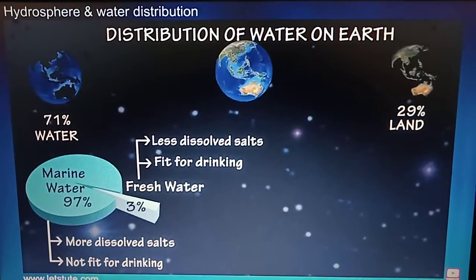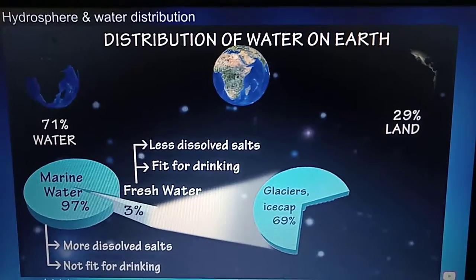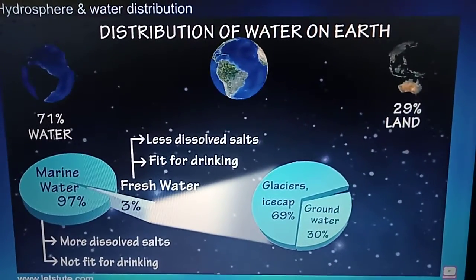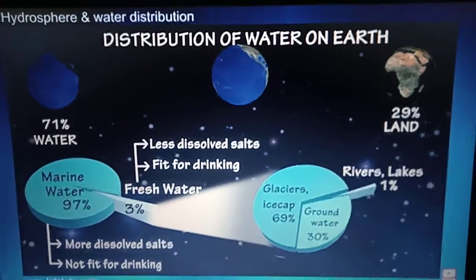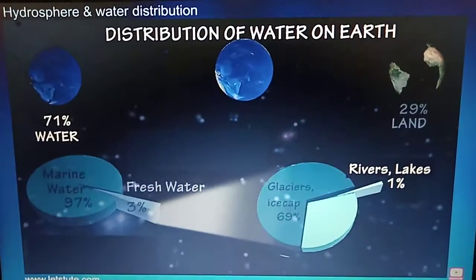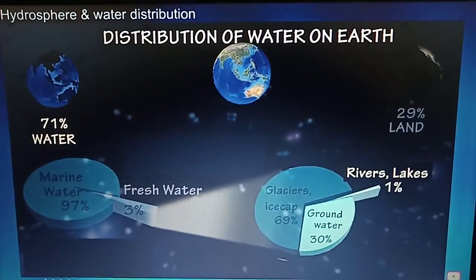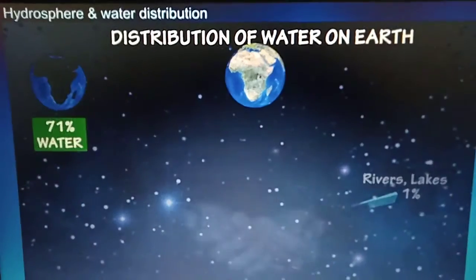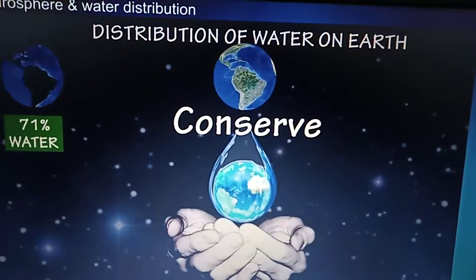And of the total fresh water, the major part is locked in glaciers and ice caps, followed by underground water, and just a small amount is located in rivers and lakes. So we can compare this small portion of water which is available for drinking with the total water available on the Earth. And this is the reason why we must put efforts into conserving water.